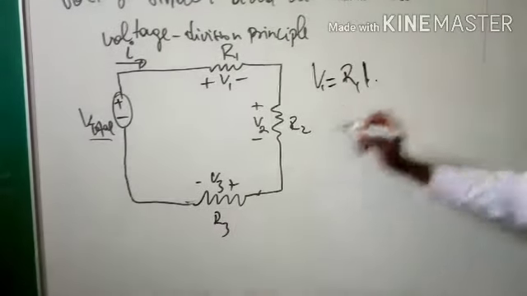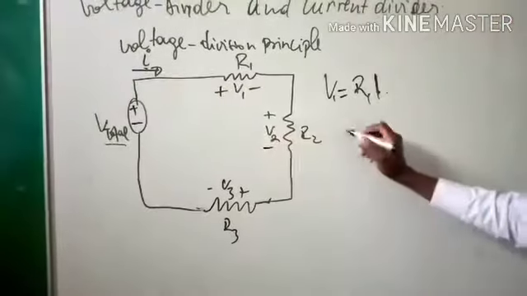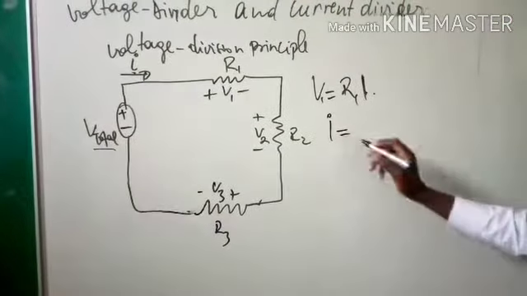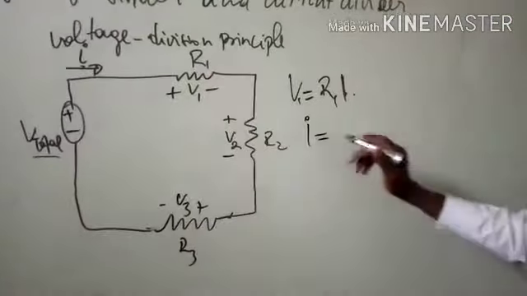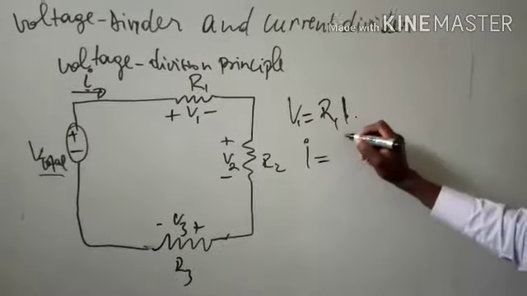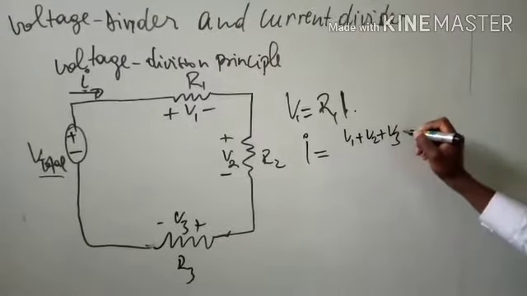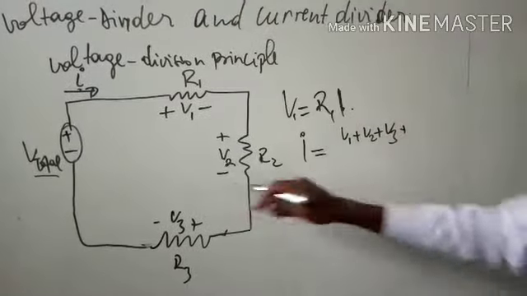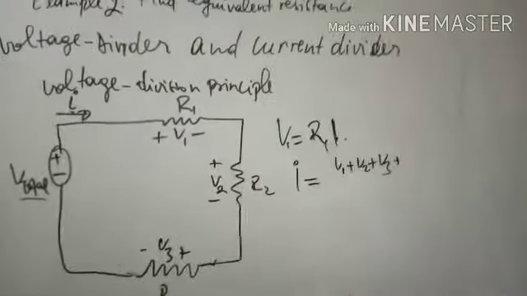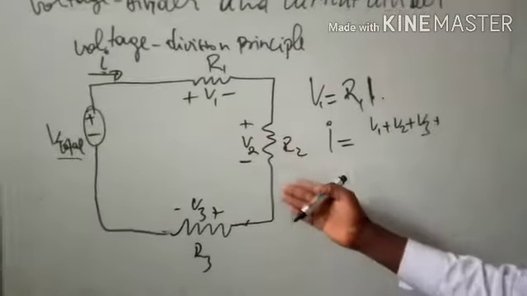This current we mark as this, and we remember that it is equal to the sum of this voltage V1 plus V2 plus V3, and this can continue. We will have many resistances, and this is in series.